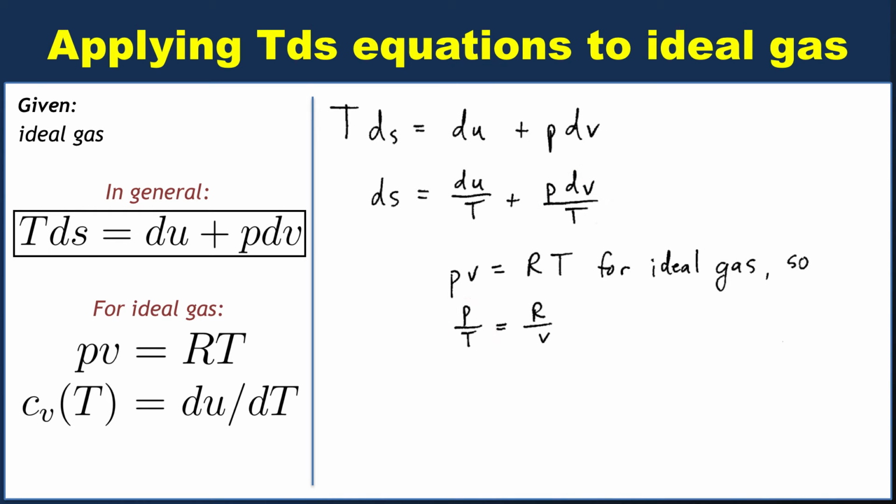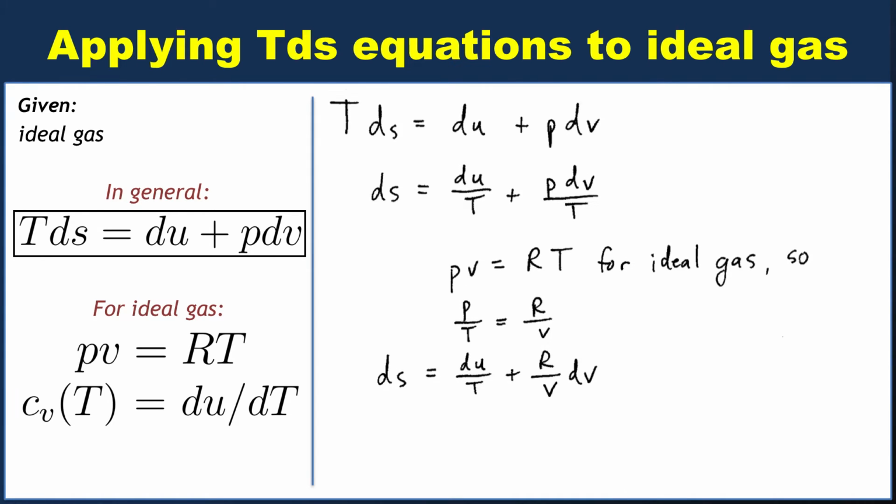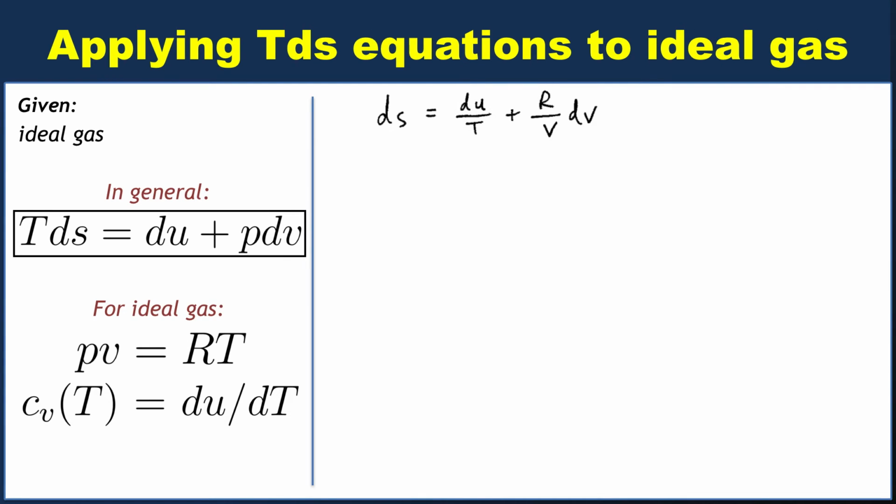That gives us ds equals du over T plus R over v dv, and all of these v's are lowercase in this problem. Now we want to do something with the first term on the right, the du over T term. We can use the specific heat expression. If Cv equals du over dT for an ideal gas, then we can rearrange that to solve for du.